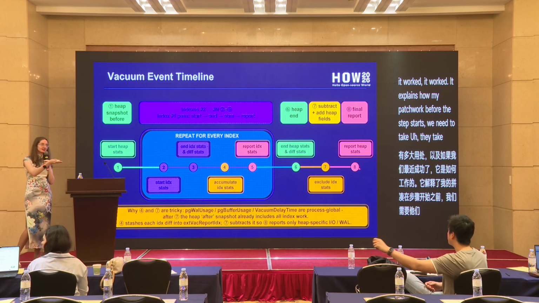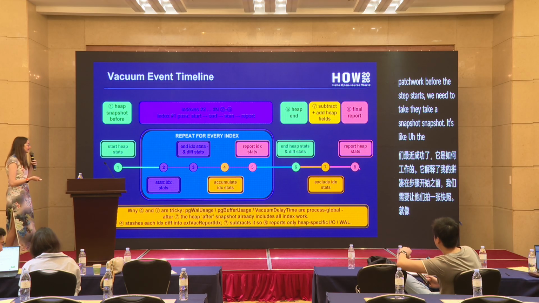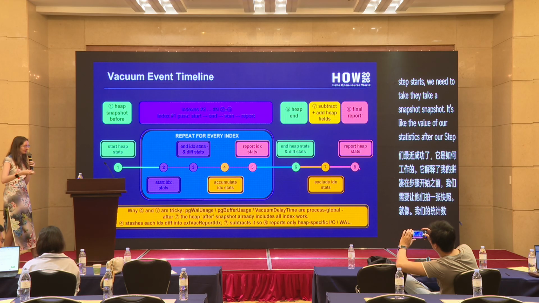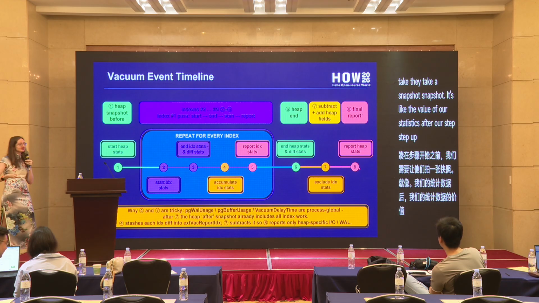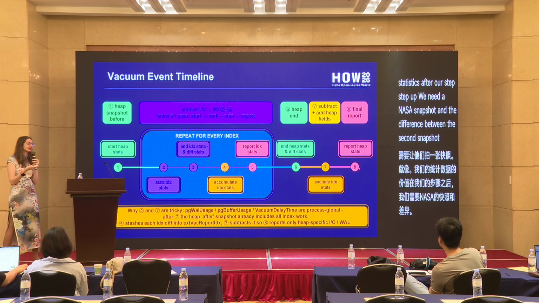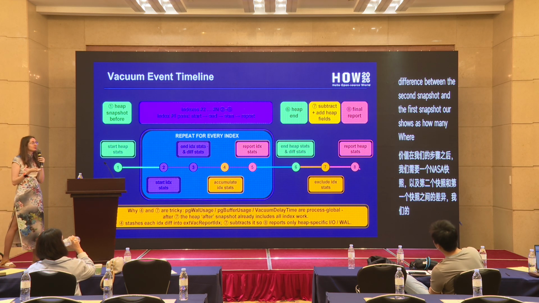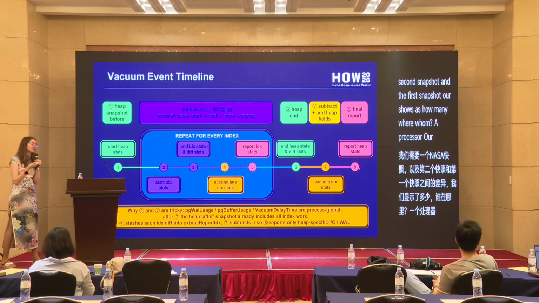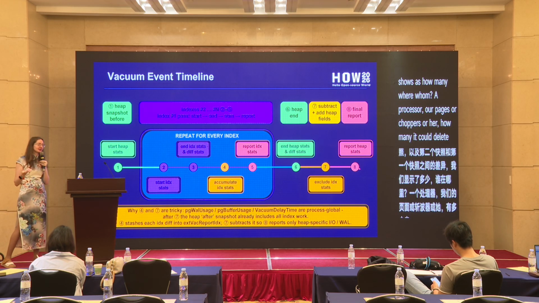A snapshot is like the value of our statistics, and when our step ends, we need to take another snapshot, and the difference between the second snapshot and the first snapshot shows us how many pages or tuples vacuum processed, or how many it could delete or did not delete.